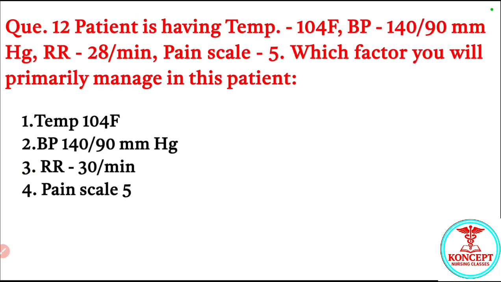Next, patient having temperature 104 degree Fahrenheit, BP 140/90 mmHg, respiratory rate 28 per minute, pain scale 5. Which factor will you primarily manage in this patient? Correct answer is option 1, temperature 104 degree Fahrenheit.